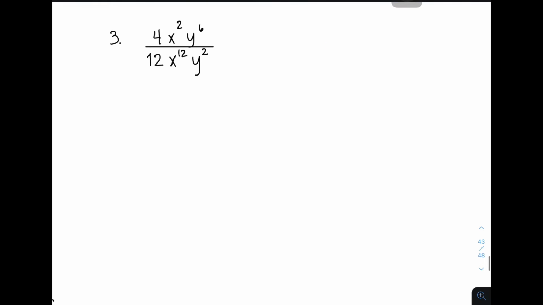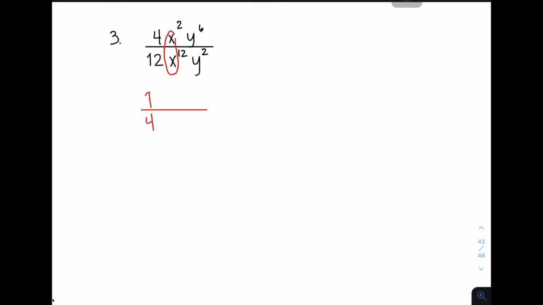For item number 3, we are given 4x squared y raised to 6 over 12x raised to 12 power y squared. So what will happen here is, first, you need to simplify your fraction, which is 4 over 12, equivalent to 1 over 4.